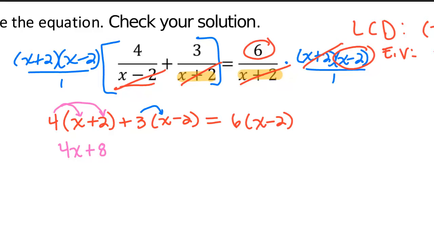Distribute the 3. So I get positive 3x. And 3 times negative 2 is negative 6. That's going to equal on the other side. I have 6 times x is 6x. And 6 times negative 2 gives you negative 12.